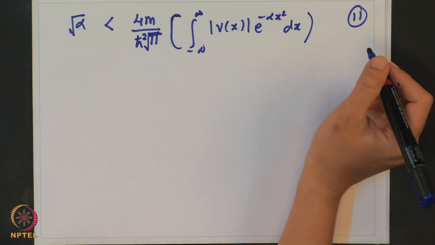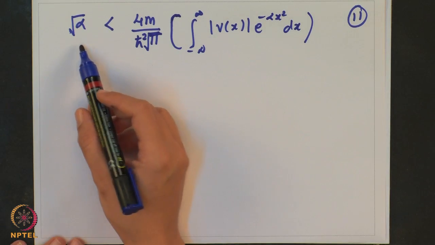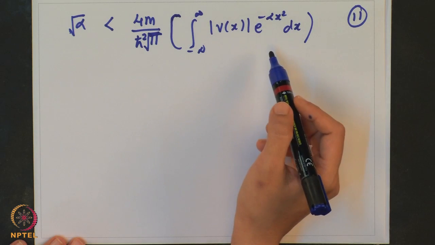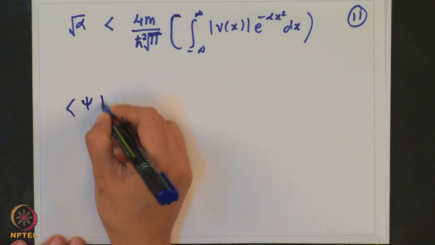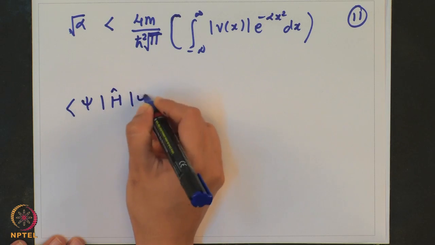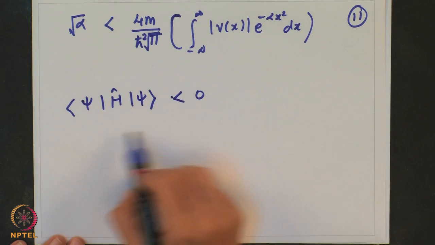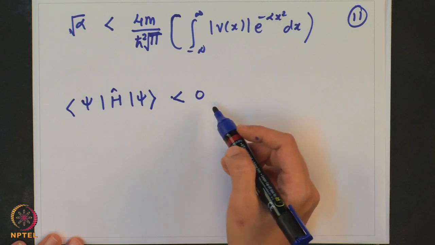So, the condition on alpha is that alpha should be less than this value, which will ensure that we have at least one bound state, that is, a negative energy value.